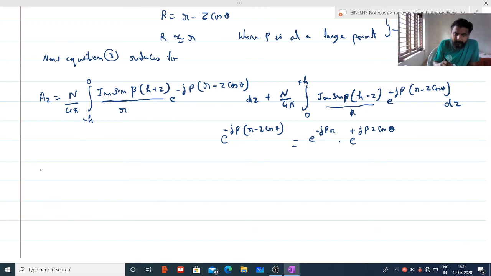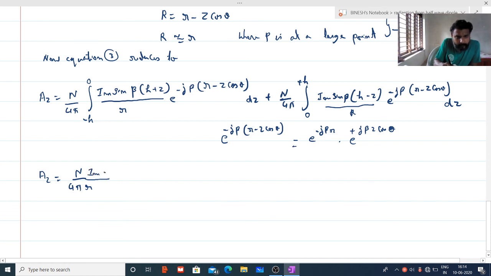E raised to minus j beta r is the only constant term. So I will take A z outside, which is nothing but mu by 4 pi r, numerator Im e raised to minus j beta r. Now it's clear.